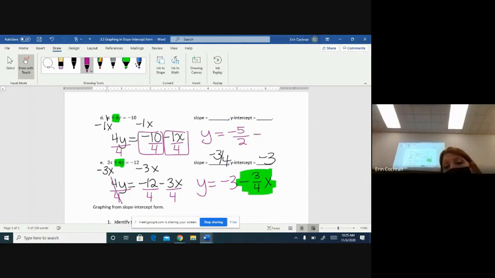No, so we leave it as -1 over 4x. So what is my slope? What is with x? -1/4. And what is my y-intercept? -5 over 2. All right. Any questions with this so far?